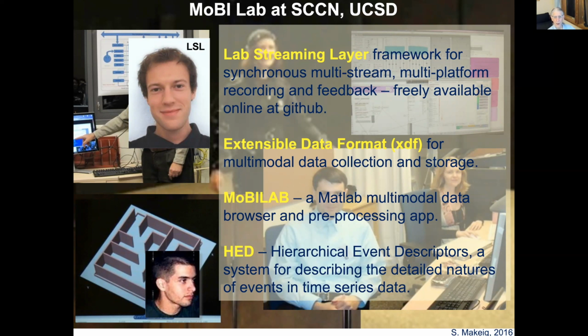In the lower right, Alejandro Ojeda built MobiLab, a MATLAB multimodal data browser and pre-processing application. And I don't have time to describe now, but the HED event descriptors system is now ready to describe the detailed natures of events in time series data, proposed originally by Nima Bigdely-Shamlo there in the background.